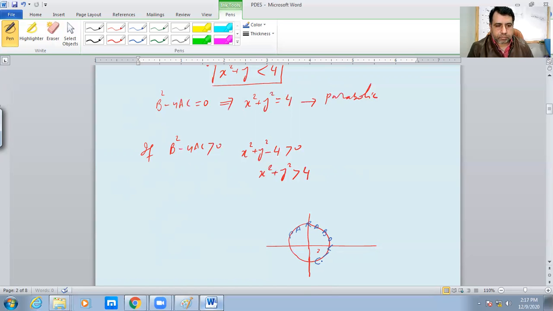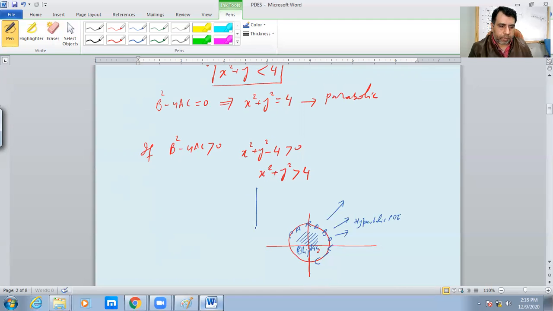When x square plus y square is less than 4, meaning in the interior of this disk, the equation is elliptic. And outside this, when x square plus y square is greater than 4, this would act as a hyperbolic partial differential equation.